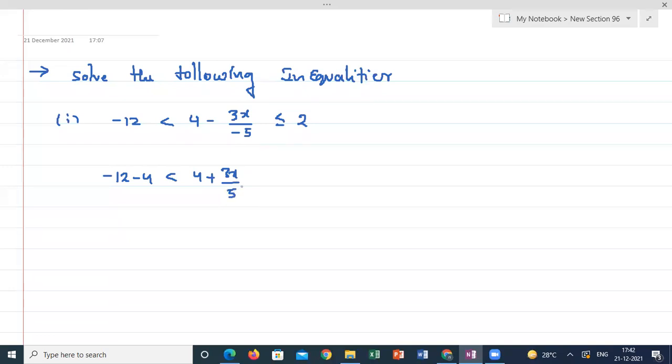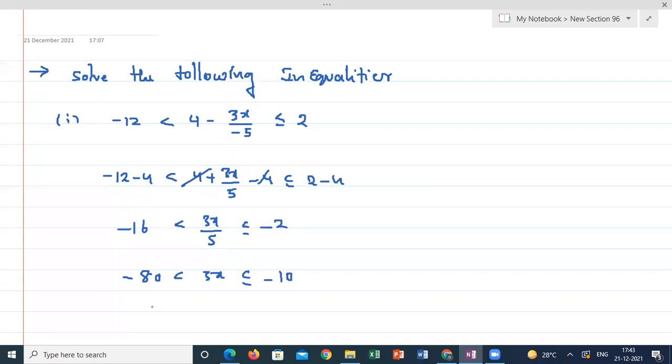So minus 4 cancels. This will be minus 16 less than 3x by 5 less than or equal to minus 2. Again multiplying with 5, so minus 80 less than 3x less than or equal to minus 10.